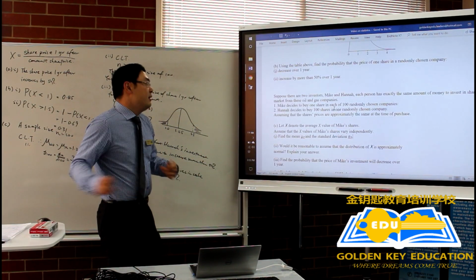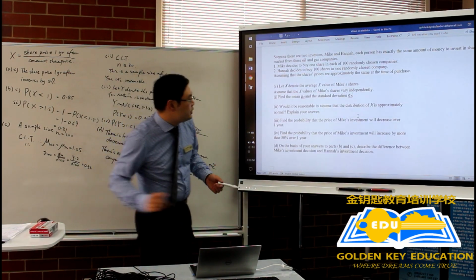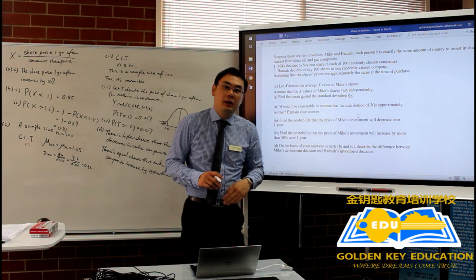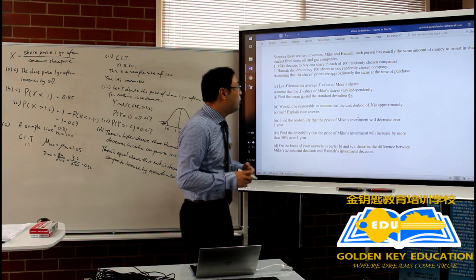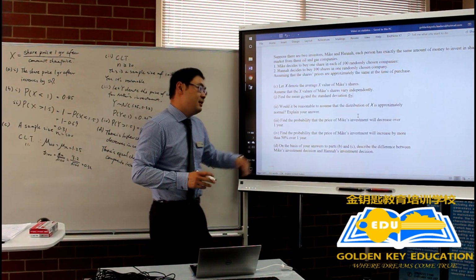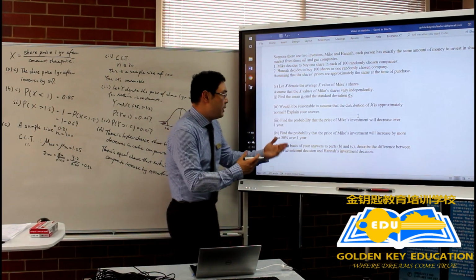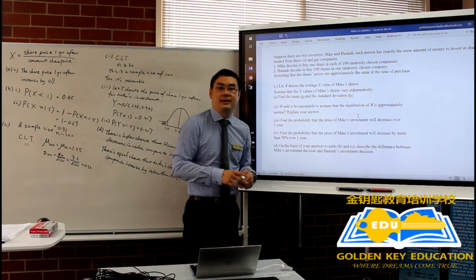Effectively apply the central limit theorem, find the mean and standard deviation. Also use the calculator to calculate the probability from a normal distribution, usually obtained from your central limit theorem. And lastly, you should be able to effectively compare the data and interpret your findings.